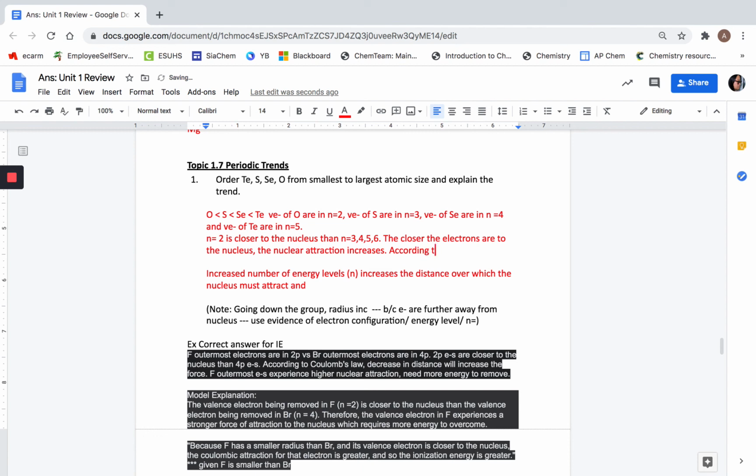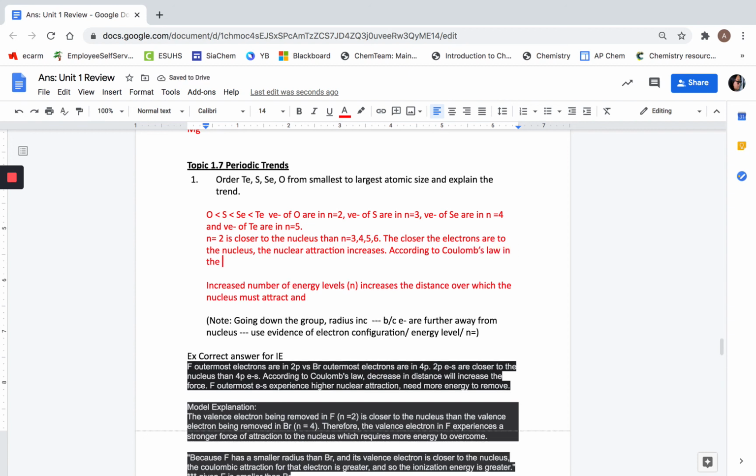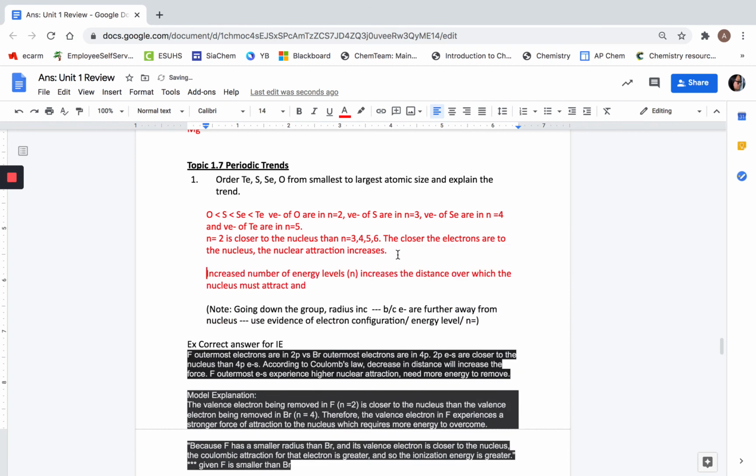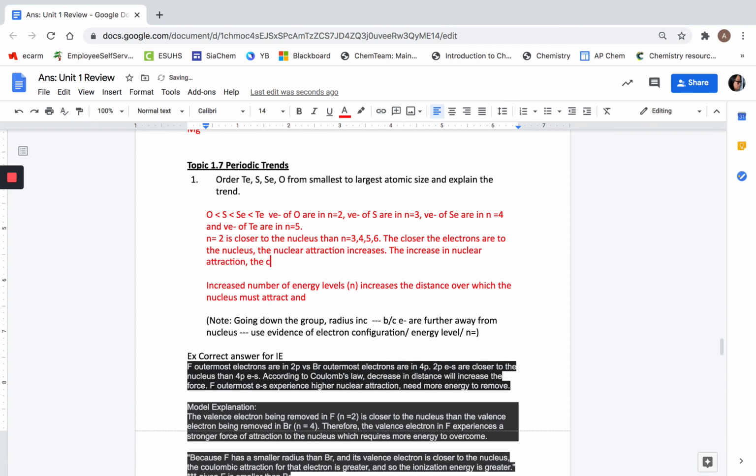So according to Coulomb's law, the increase in nuclear attraction pulls the electrons closer, giving a smaller atomic radius.